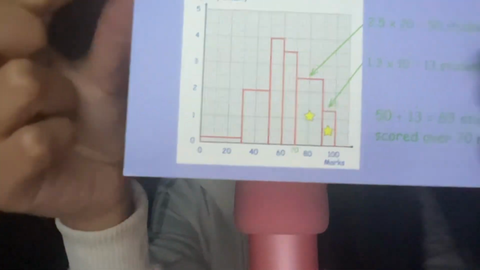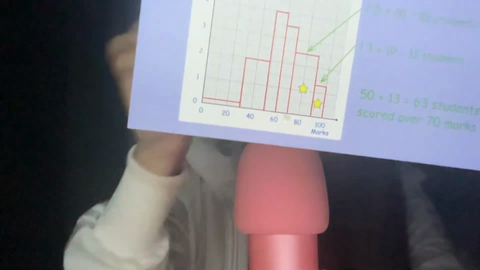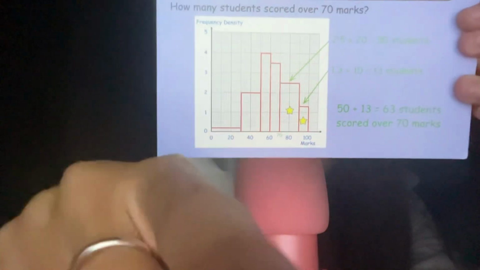So, reading histograms. To plot a histogram, you look at the frequency table, the table of frequencies, and you choose the middle one. So if you had the inequality, the one in between those two numbers.